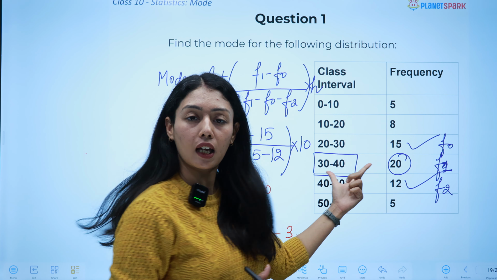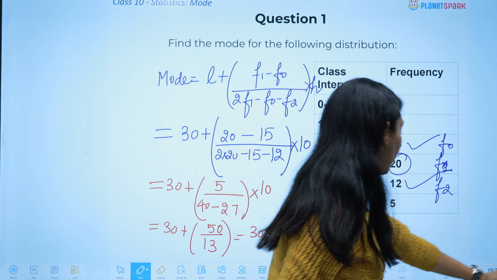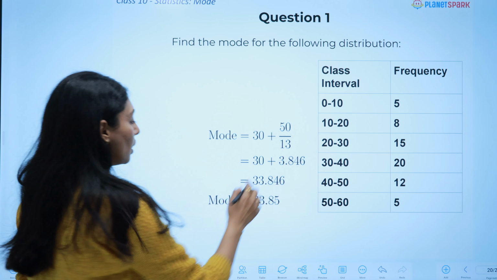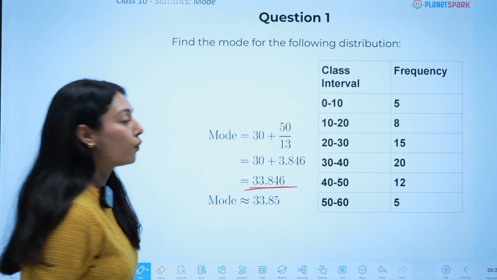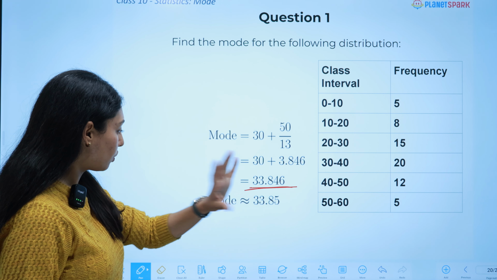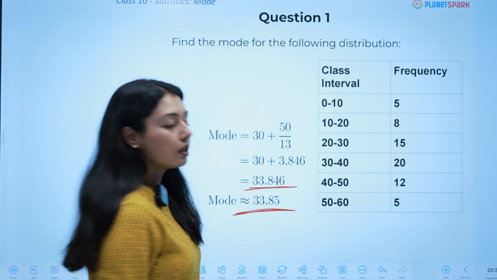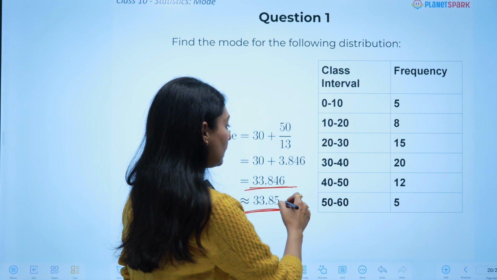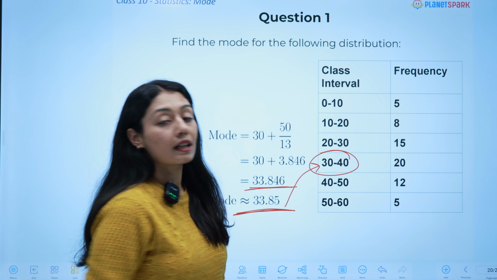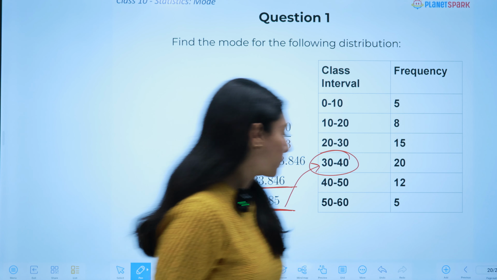That means the value will lie here. So let's verify what the value is. Okay, so this will be 33.846, right? We had reached this point. You can just do the calculation. 33.846, or we can round it off to 33.85, and we can see it is lying in the model class. So yes, that is the correct answer there.